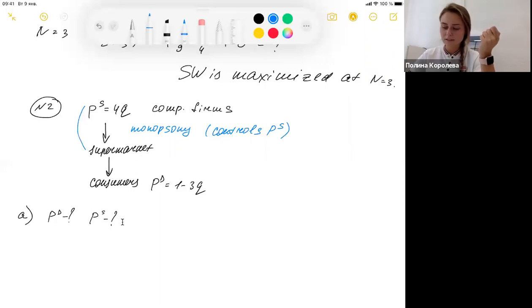In the second stage, only one supermarket sells to many consumers. This stage we call monopoly. One seller and many buyers, monopoly. And the monopoly controls the demand.